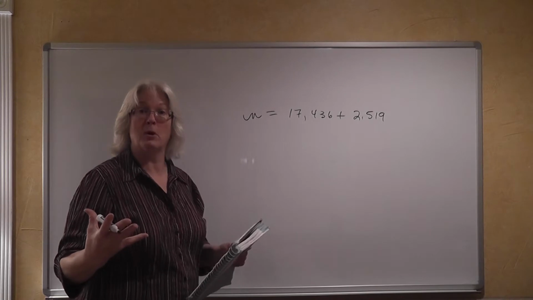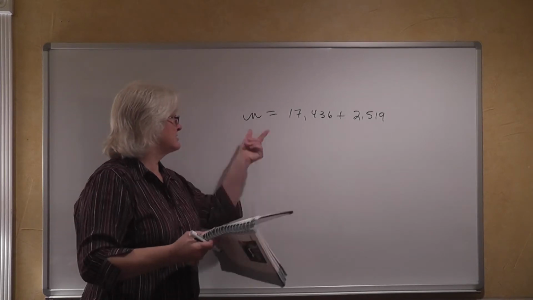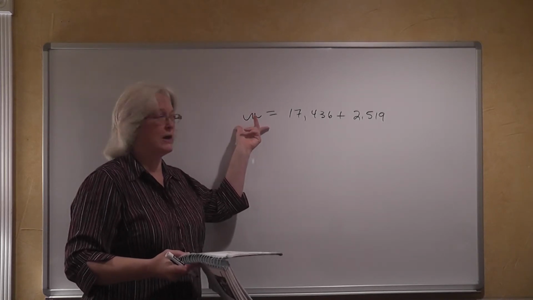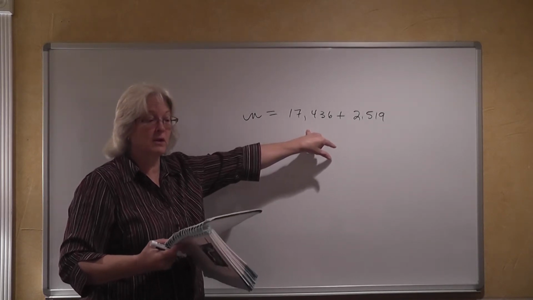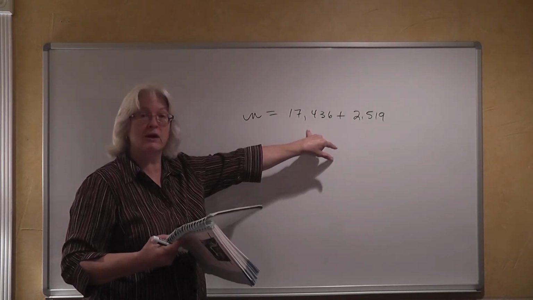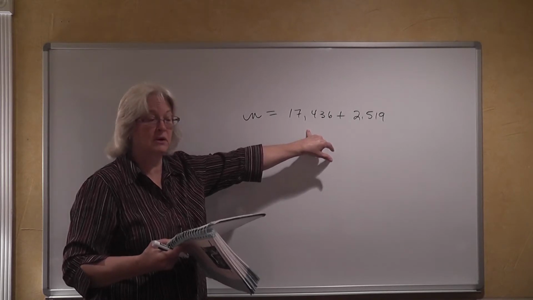We don't want to do this calculation in our head. They're asking us to figure out about what your solution is going to be here. And they want you to round this to the nearest 1,000.